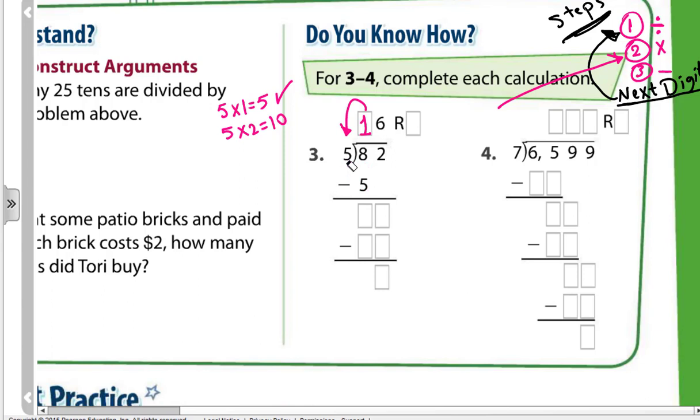Okay, so we can move to the next step. The next step is? Subtract. So 8 minus 5 equals 3. Thank you, my hero.